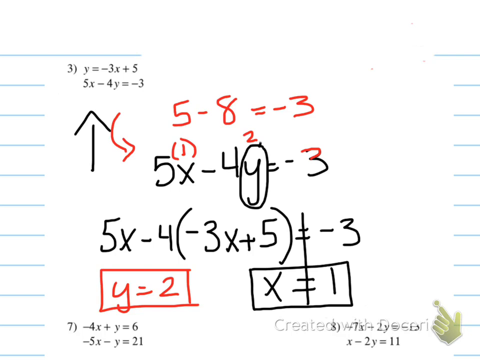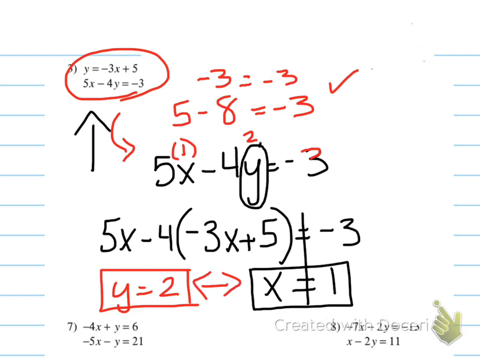So what is 5 minus 8? 5 minus 8 is negative 3. Oh, look at that. That checks out as well. If both sides of these two equations, when you substitute in these two values, are equal to each other, you've got a check step that proved you did it right. I'm so proud of you.